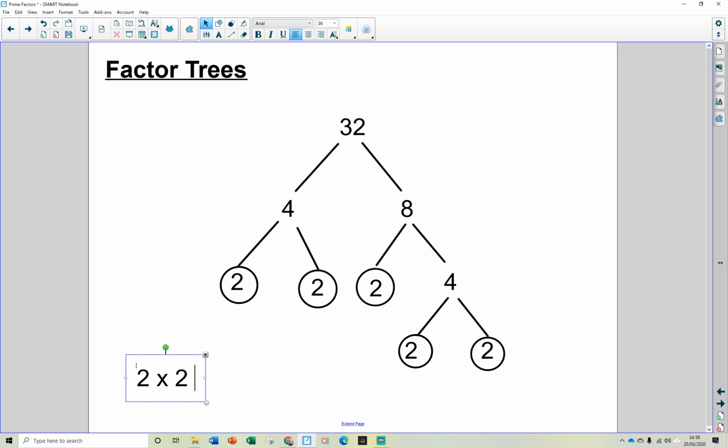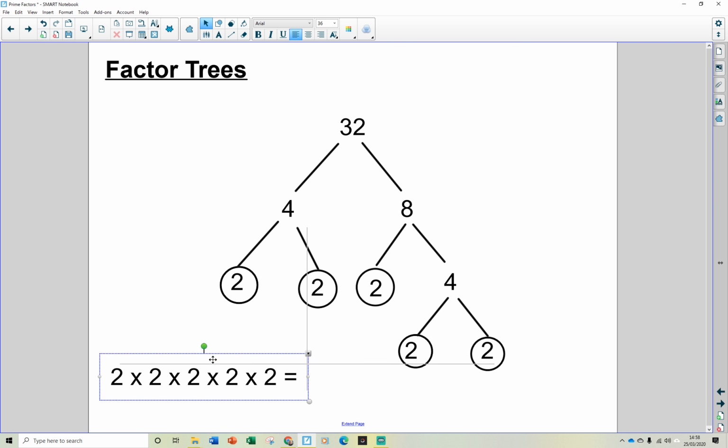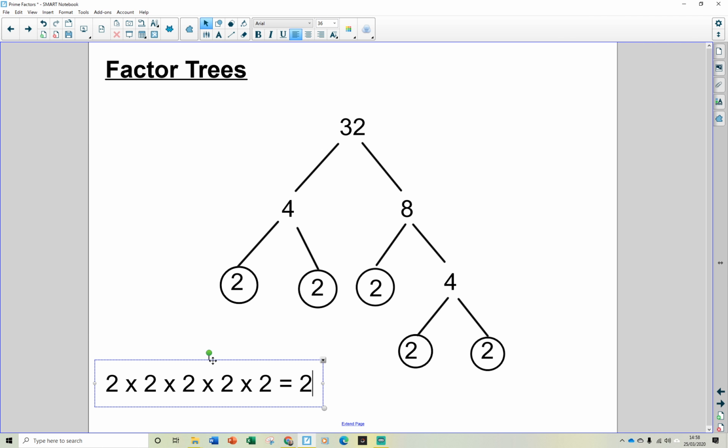It's a rather long way of writing the prime factorisation of 32. It's much quicker to write 2 to the 5, 2 to the power 5. Let me just raise it up. It just means 2 multiplied by itself 5 times like this.